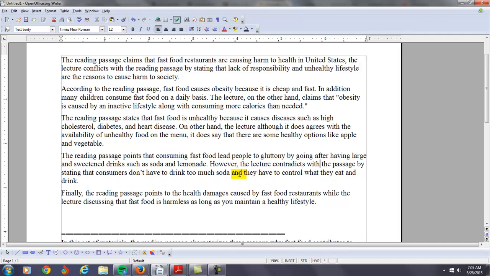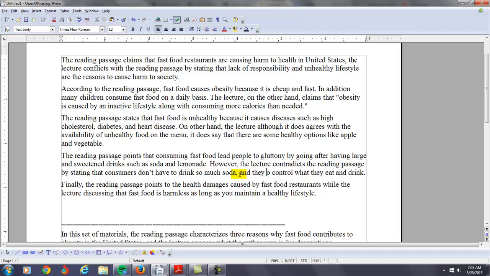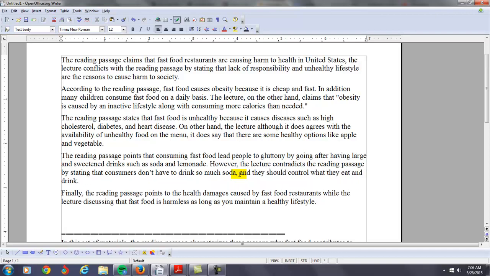However, the lecture contradicts. I would say contradicts the reading passage by stating that consumers don't have to drink so much soda, and they... how about they should control what they eat and drink.